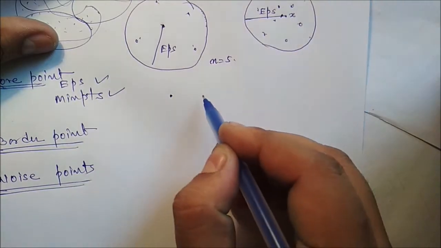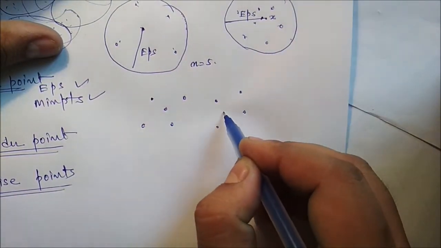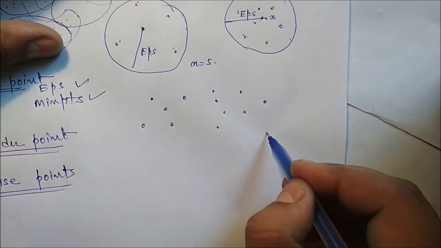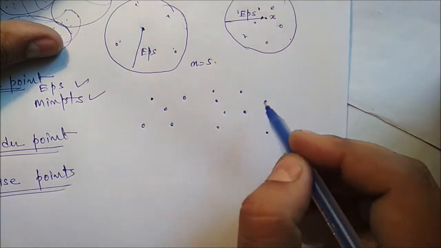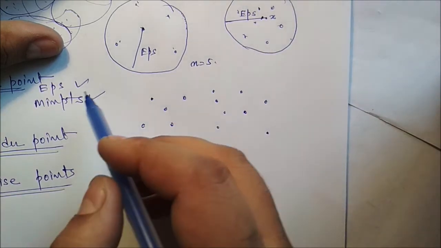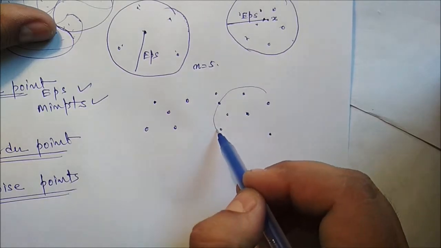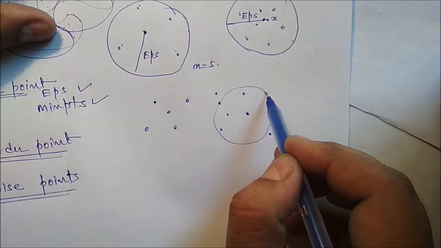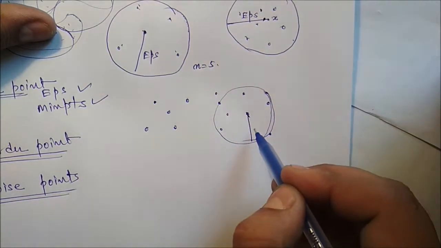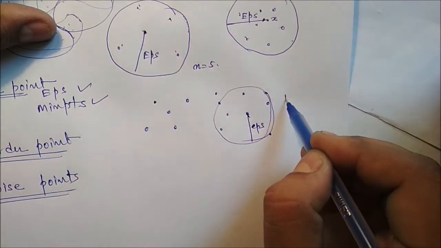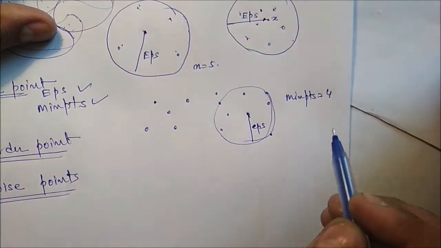These are our data. We have to identify, first of all, we have to set the EPS and MinPts value. Now suppose this is one circle, with this EPS, and we set MinPts equal to, say, 4.